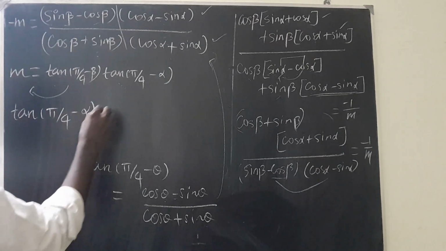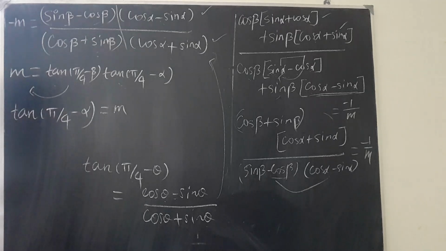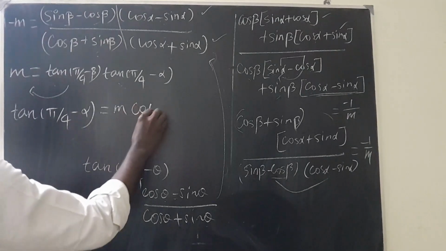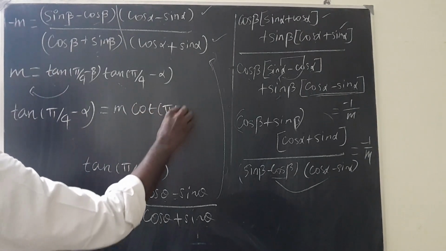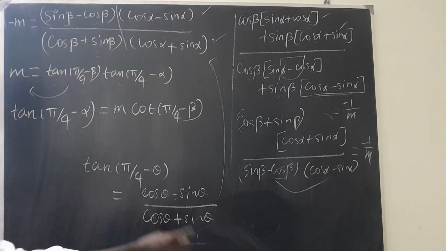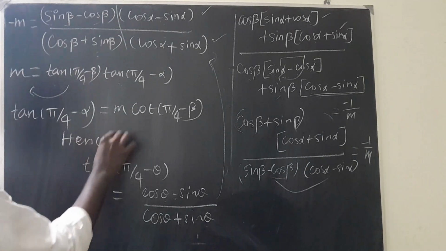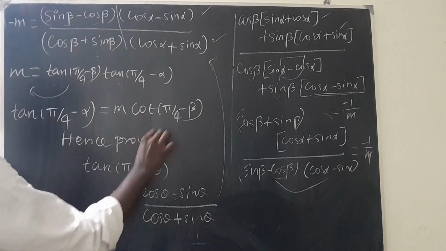Tan pi by 4 minus alpha is equal to m into, when this tan moved to other side we have 1 by tan, that 1 by tan is nothing but cot. Is this the same we have to prove? Yes, perfect. So hence proved. Very easy one, isn't it?